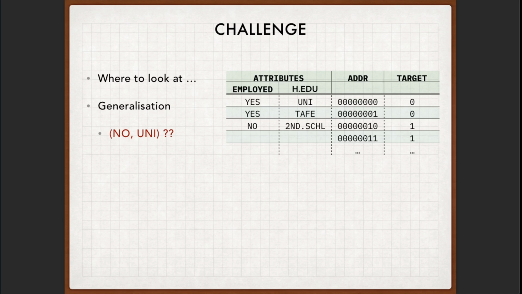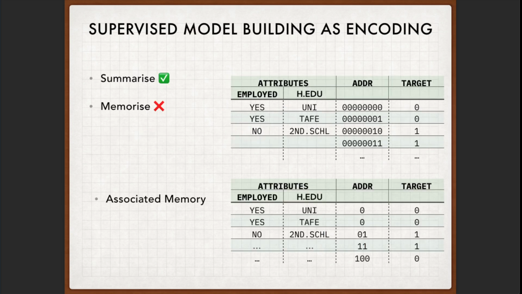The purpose of learning is not only to be able to reproduce whatever has been provided in the training data. The purpose is to be able to generalize to where the training data does not explicitly provide. So we don't like to memorize the observations. We'd like to summarize them.